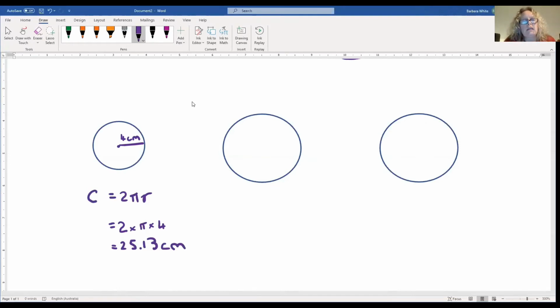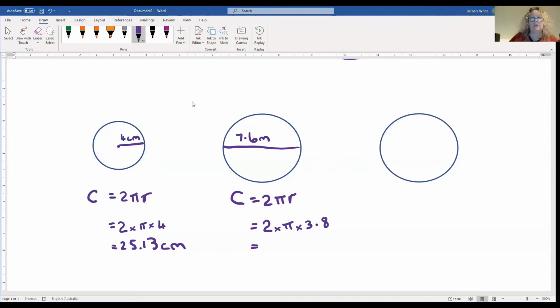Sometimes you will get a circle with a diameter of 7.6 metres. And you are going to write down the formula, and I want you to use the same formula either way: 2 times pi times the radius. So first you've got to work out what the radius is, which is half the diameter, which is 3.8 metres. 2 times pi times 3.8.